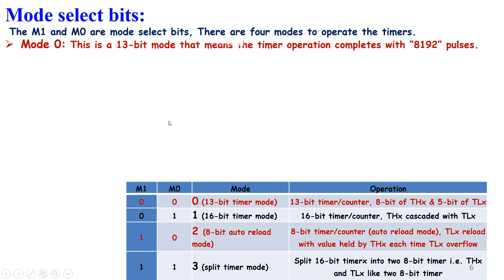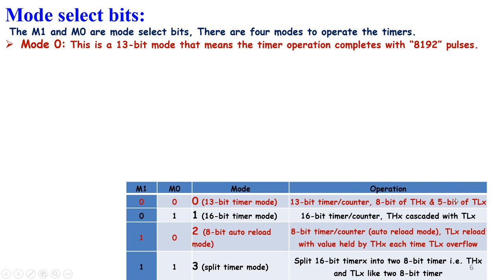The first one is mode 0. In mode 0, it is a 13-bit timer or counter, with 8 bits for the higher byte of timer 0 or timer 1, and 5 bits for the lower byte of timer 0 or timer 1.